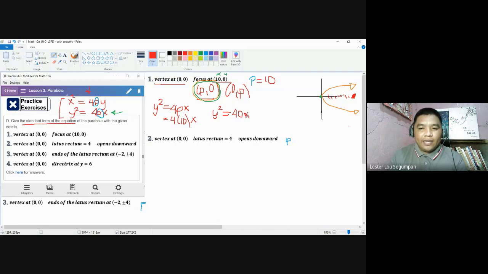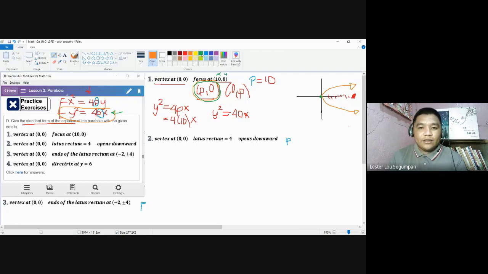Again, how this was made is by first getting the value of p, and second, deciding which of the two forms is more applicable. And we decided that it's the second form because in our partial computation or draft here, the graph is opening towards the right, to which the second form applies.